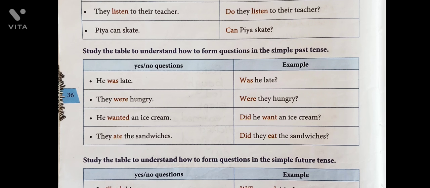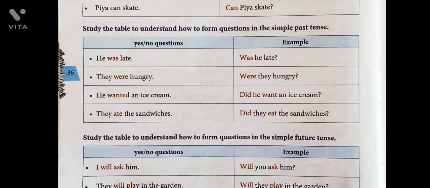Is for singular and are for plural. And in past we use was and were. Was instead of is and were instead of are. If the sentence is of singular, we are going to use was instead of is. And if the things are plural, we are going to use were instead of are.